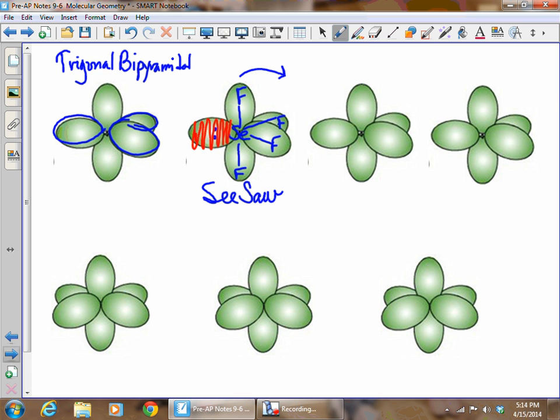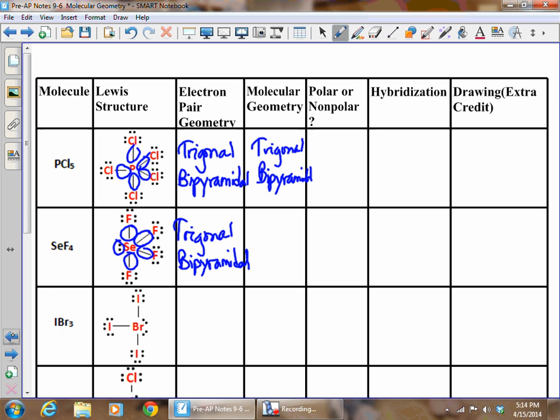It would be easier if you had some marshmallows and some toothpicks to look at and build these as we go to be able to see that. But again, if you let him fall over, rest on his arms, and teeter back and forth, he's going to be a seesaw. That is exactly what they call it, the seesaw position, or seesaw structure.